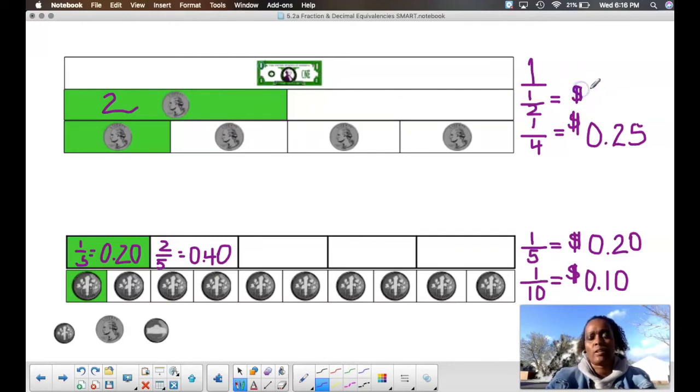It's a half a dollar. 50 out of the 100 cents that makes up a dollar, because you know that 100 pennies makes up a dollar. 50 of those 100 pennies is equal to a half a dollar, 1/2 of a dollar, 1/2.